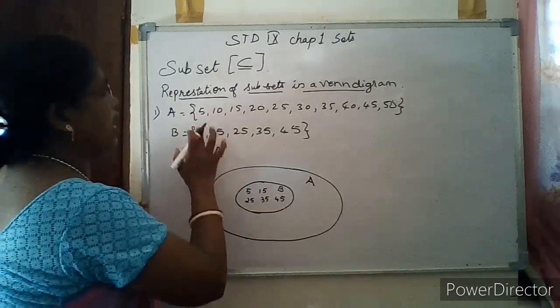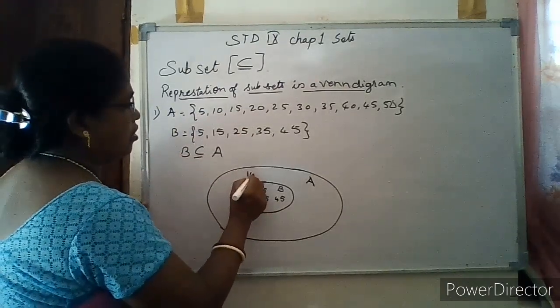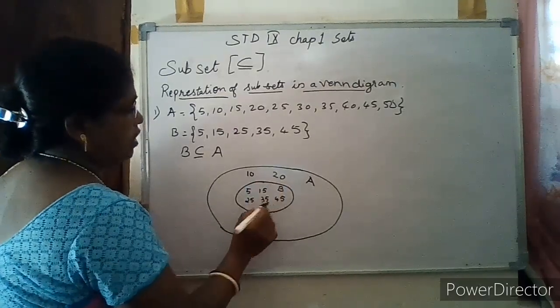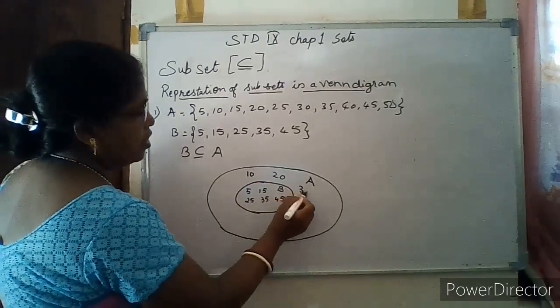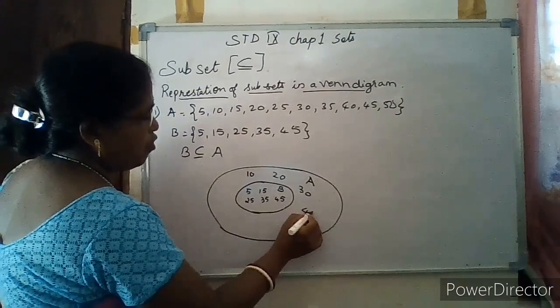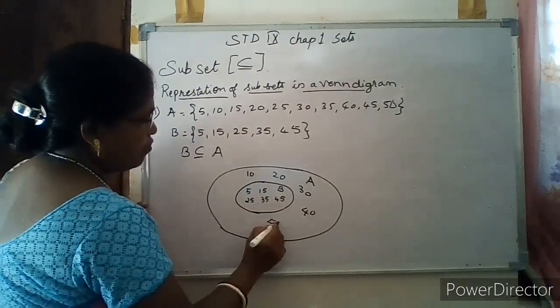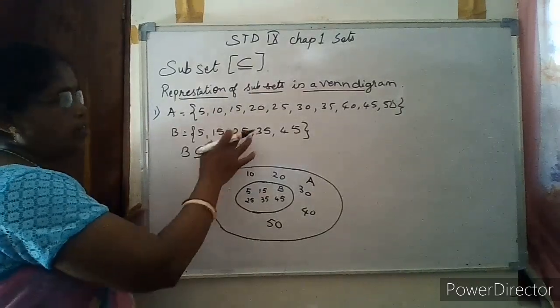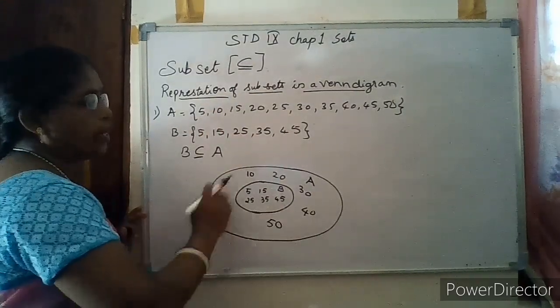The elements of set A: 5 is already here, 10, then 15, 20, 25, 30, 35, 40, 45, 50. In this way, we can represent a subset in the Venn diagram.